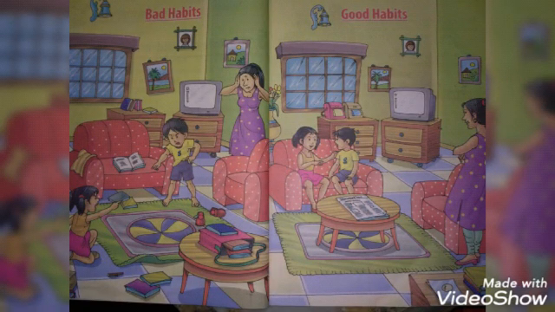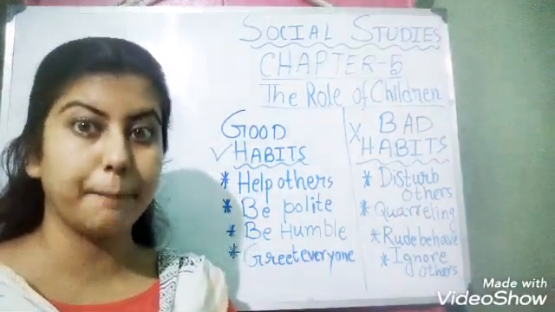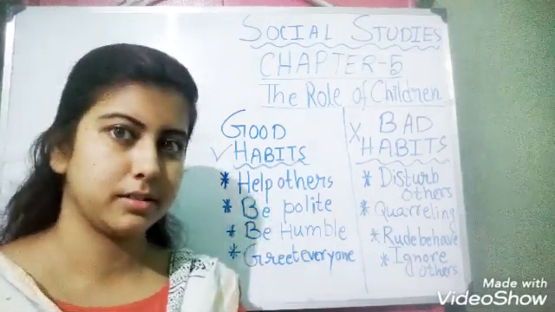On page number 24, the children are quarreling. They have not kept their things in proper places, and the mother is angry. But on page number 25, the children are talking politely and they have kept their room clean. The mother is happy. Now, I will tell you some good habits and some bad habits.